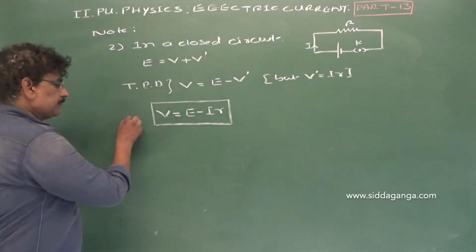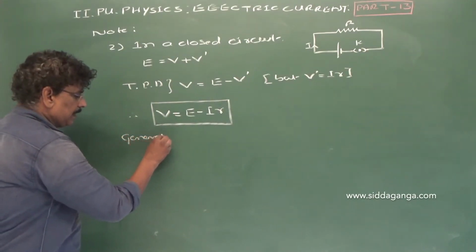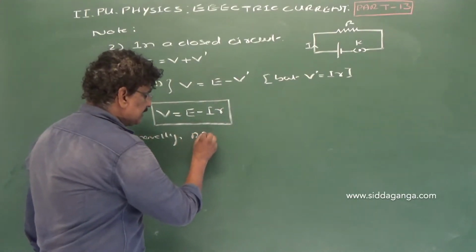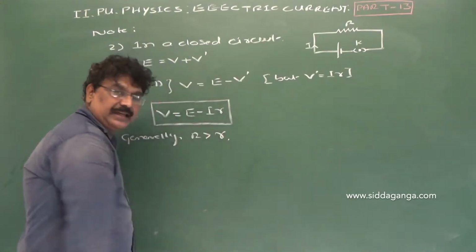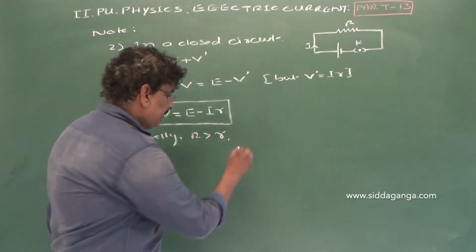Now see here, right? So generally external resistance is greater than internal resistance. That internal resistance has a finite value.